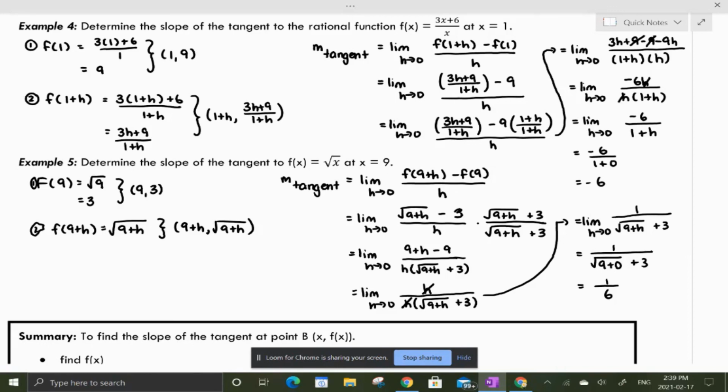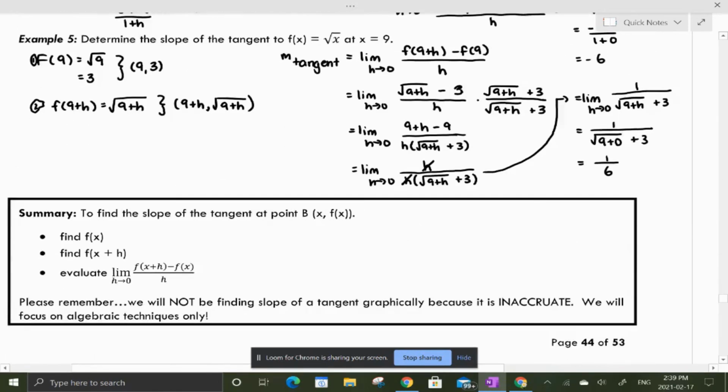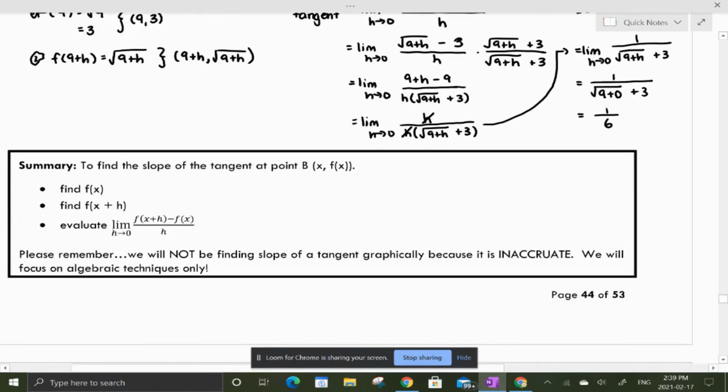So as a quick review, remember, in order to figure out the slope of your tangent at some point, you need to figure out first what f of x is, or what f at that point is. Then you've got to figure out the second point, which is f at x plus h. You've always got to remember that plus h at the back, so it mimics a second point for you.